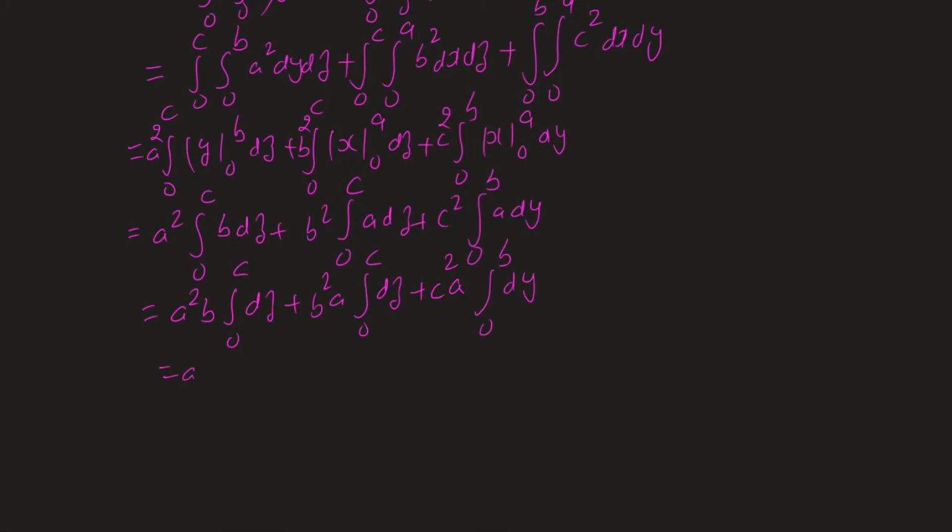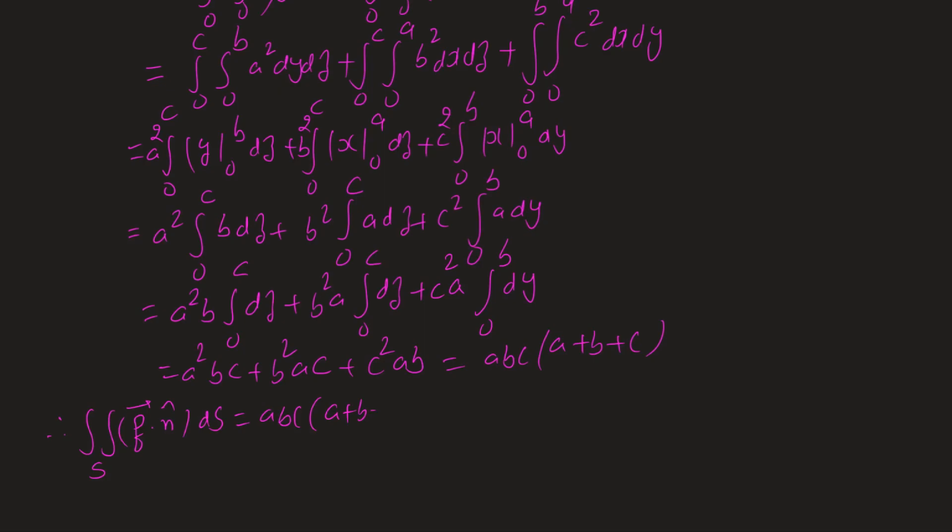So this is further equal to a square b c plus b square a c plus c square a b. If we take abc common, this will be a plus b plus c. Therefore we have proved that the surface integral over the surface S is equal to abc(a plus b plus c), and we have also proved that the volume integral of divergence of f over the region R is equal to abc(a plus b plus c).